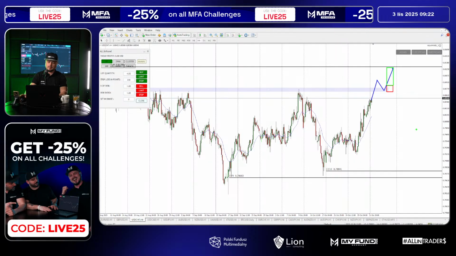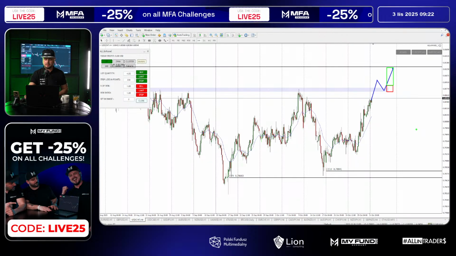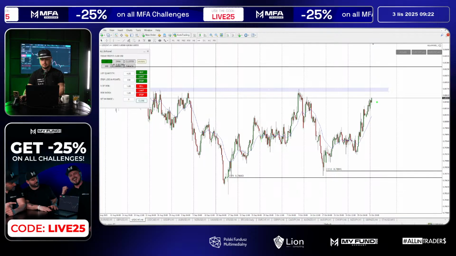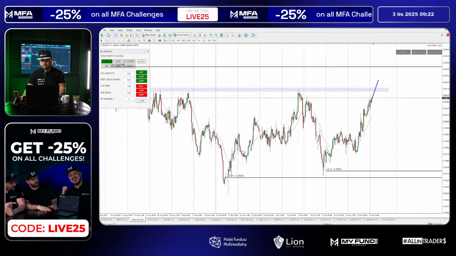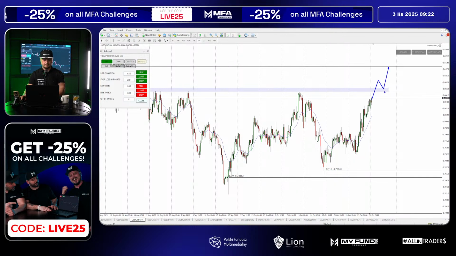I'm gonna leave it like that because I'm gonna look for this trade later on this week. So let me just make a screenshot. Oh, sorry, once again. So we want to see the breakout.